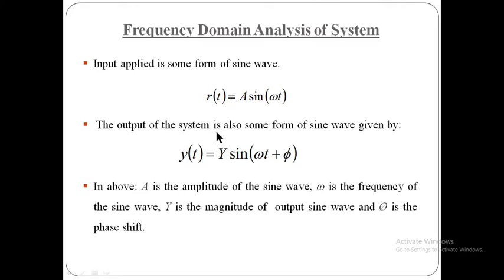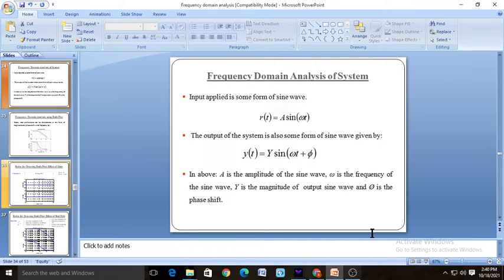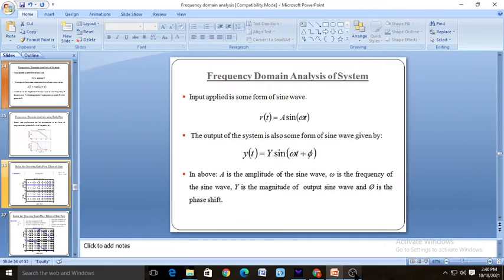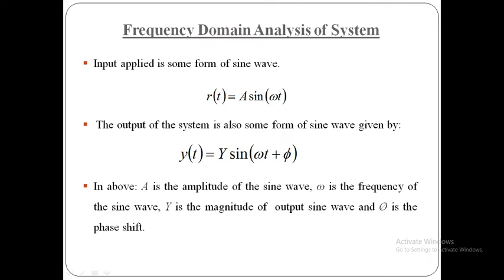The only differences are the amplitude and the phase shift. So in these two equations, A is the amplitude of the sine wave and omega is the frequency. The difference is only in the amplitude. A changes to Y, and a phase shift is added to the output.